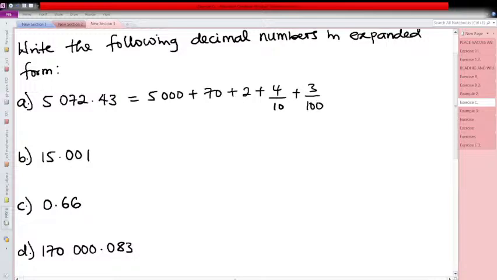B is wrong. That's 15.001. Where are you getting 10,000 from? C is also wrong.